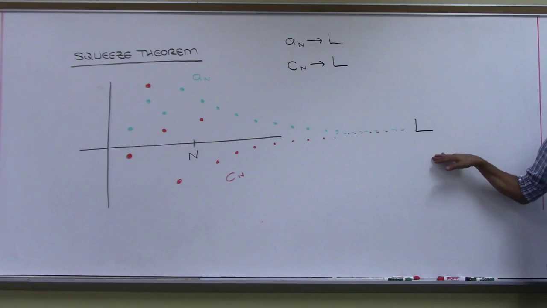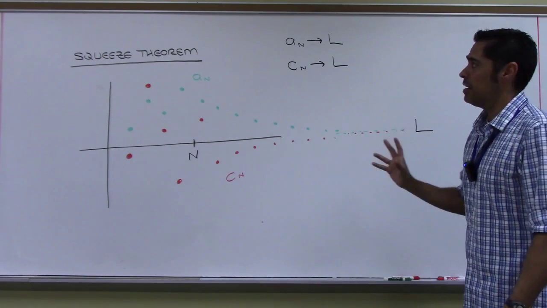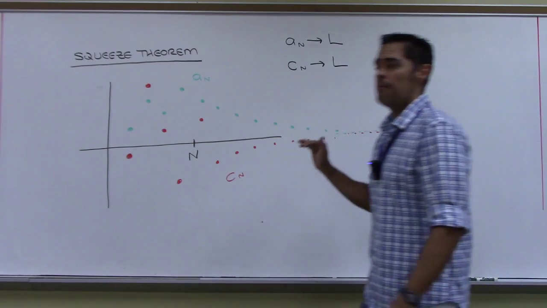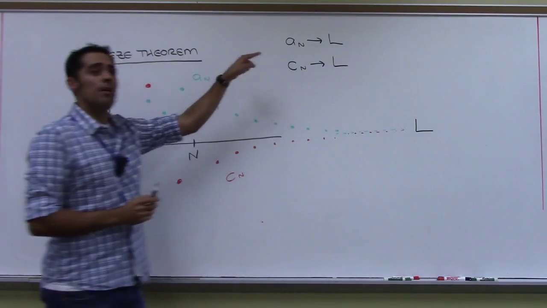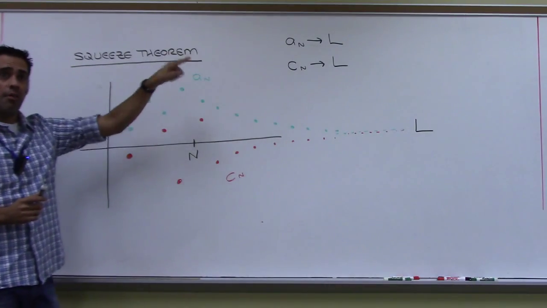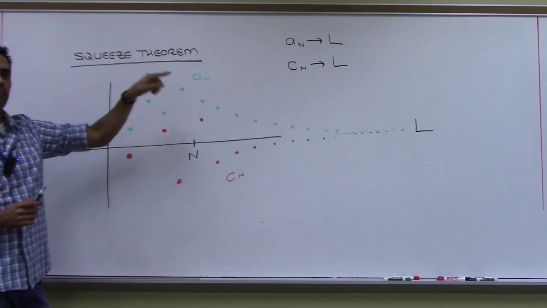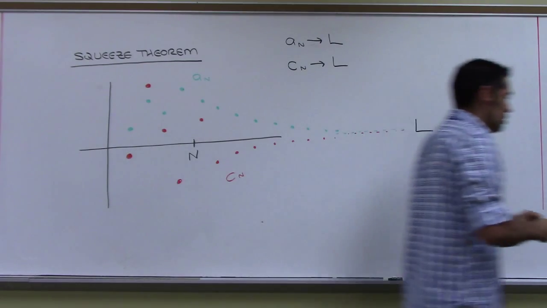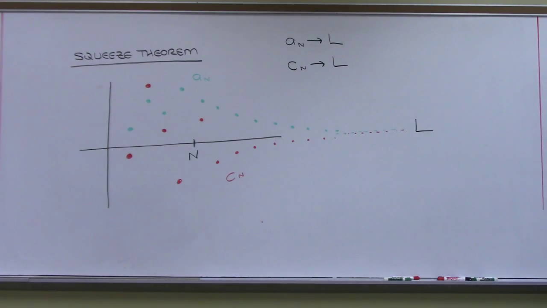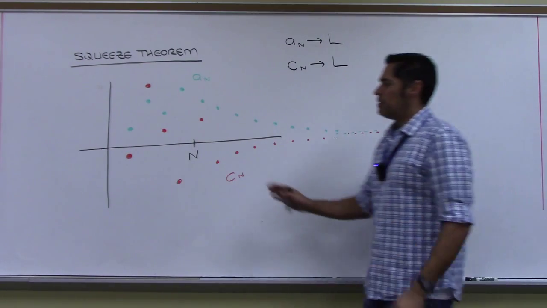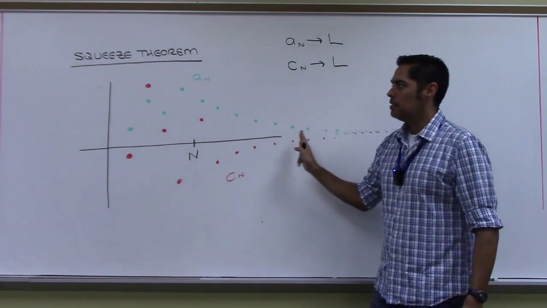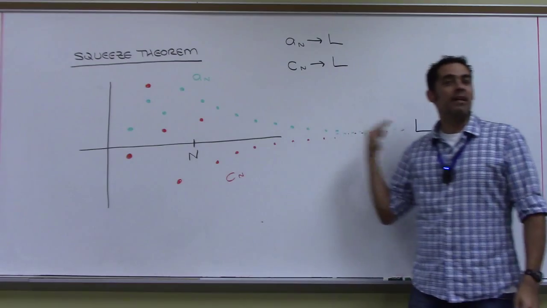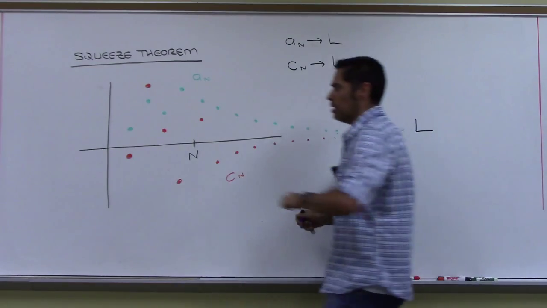Yes? All right, so what the squeeze theorem says is this. If there is a sequence that is between those two sequences all the time, it must also go to L. So imagine that I have to come in here now and draw another sequence, but I always have to stay between these two eventually. All right, so watch me do it.